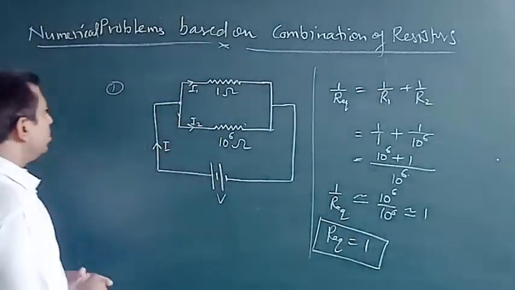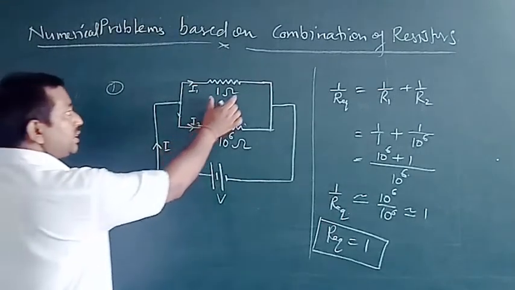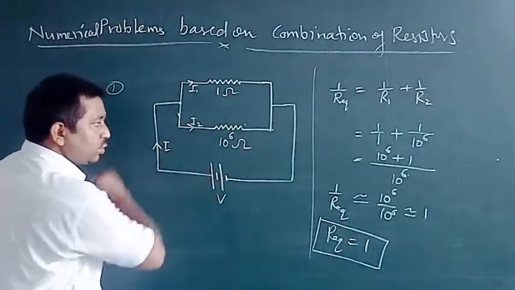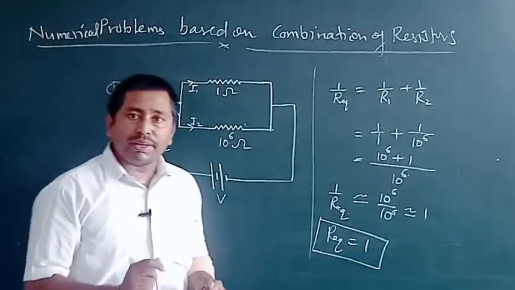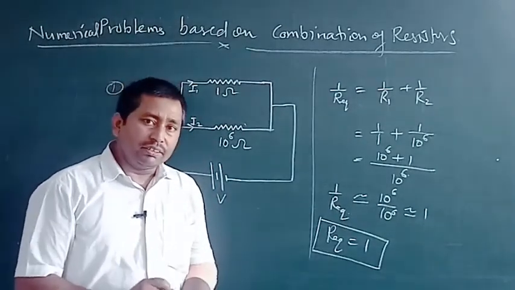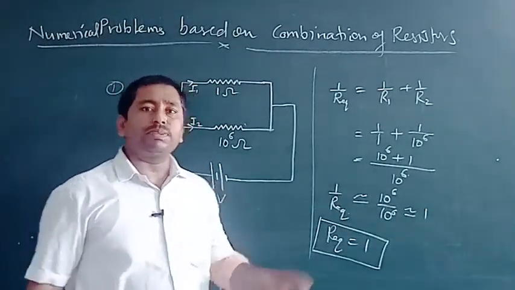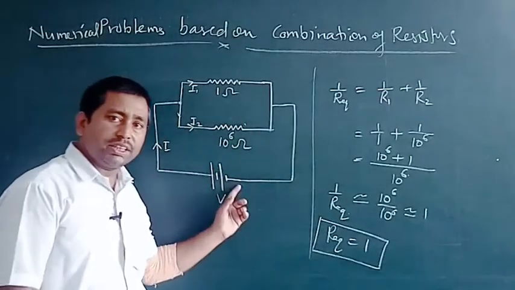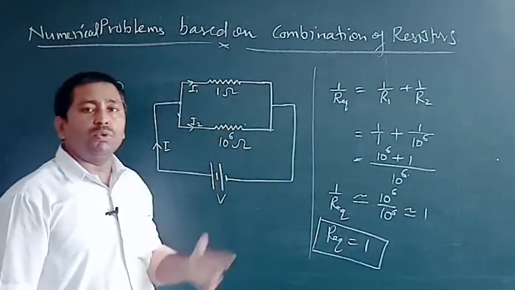Okay, so if a 1 ohm resistor and a 10 to power 6 ohm resistor are connected in parallel, then the equivalent resistance of the parallel combination of these two resistors is nearly equal to 1 ohm.